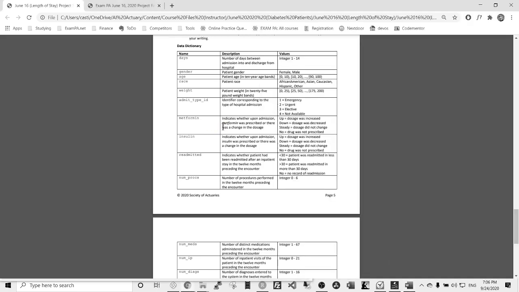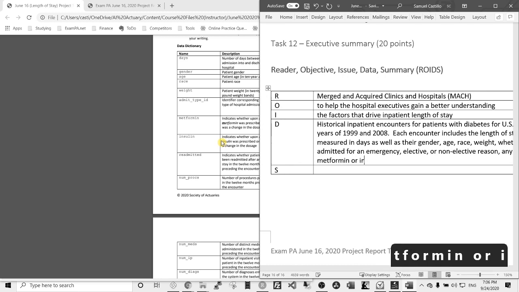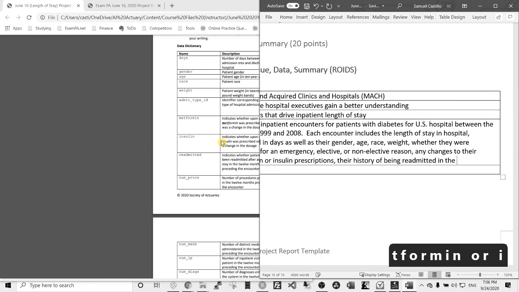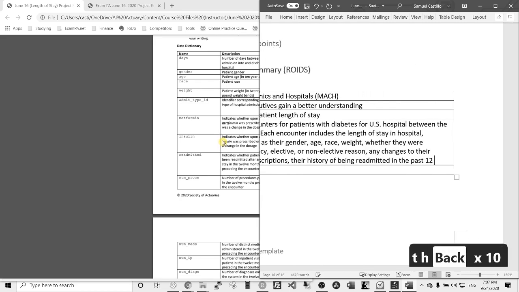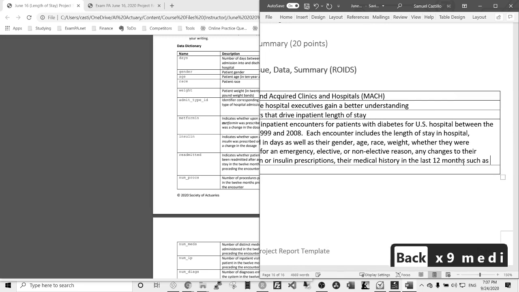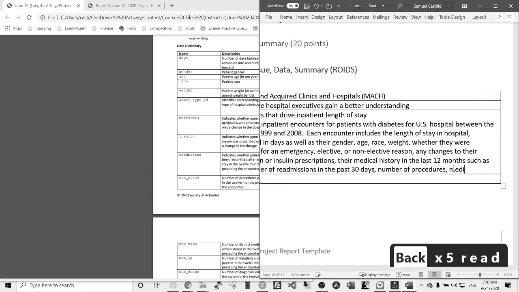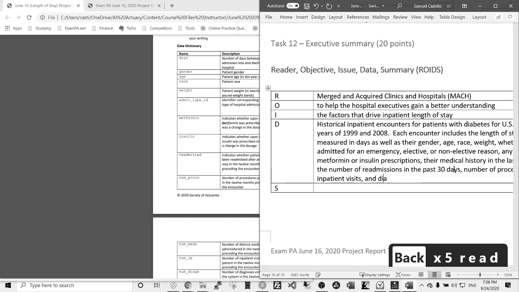If there were changes to their metformin or insulin, so to say any changes to their metformin or insulin prescriptions, their history of being readmitted past 12 months, as well as their medical history in the last 12 months, such as the number of readmissions in the past 30 days, number of procedures, medications, inpatient visits, and diagnoses.